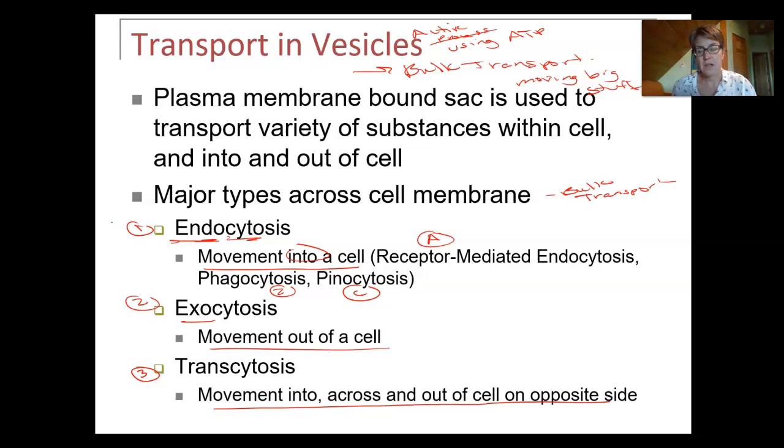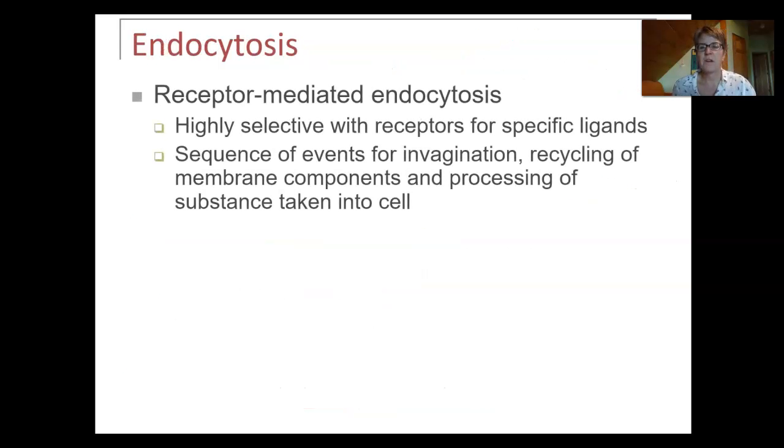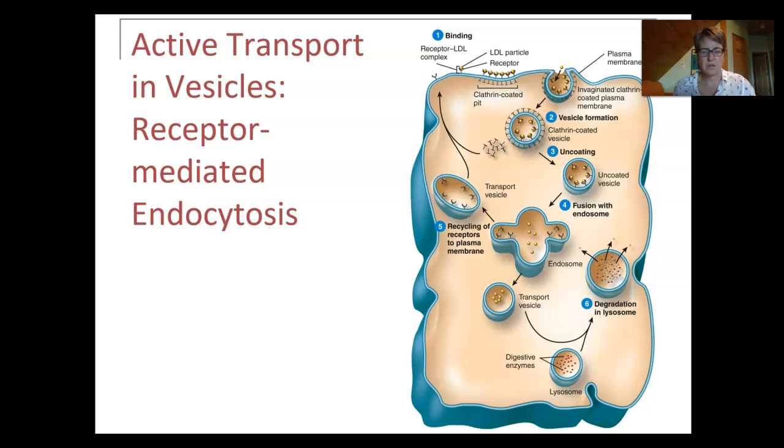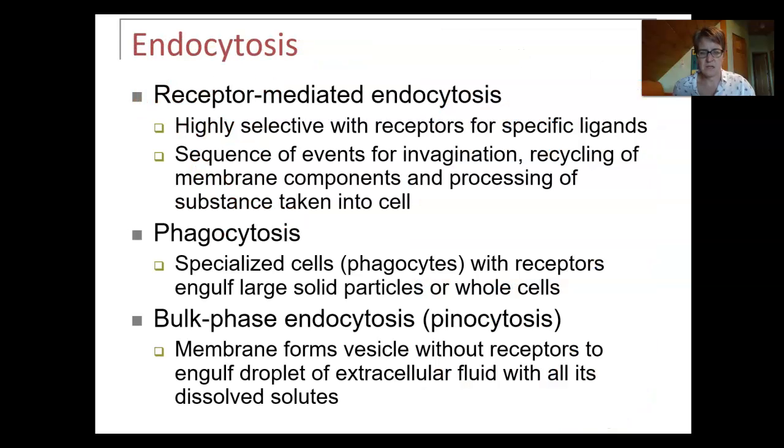But bulk transport, endocytosis, exocytosis, transcytosis, and even these subparts, you could answer with 1, 2, 3, 4, 5, 6 different answers. And then you had primary and secondary. Okay, we're moving on. I'm not going to start with receptor mediated.